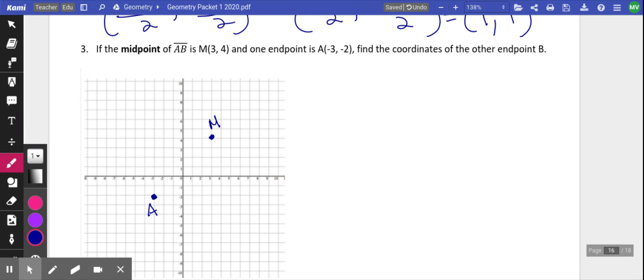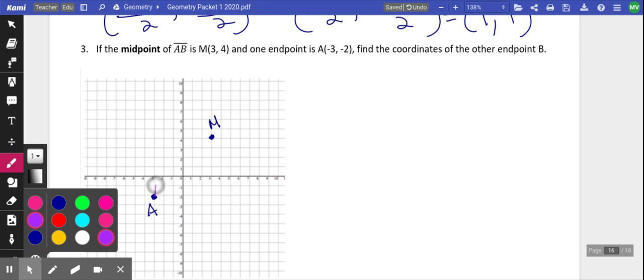There's a couple of different ways we can do this. I'm going to show you both. The first way is if I think about it graphically, to go from A to M, I need to go up and over. So I went up 1, 2, 3, 4, 5, 6. And I went over 1, 2, 3, 4, 5, 6.